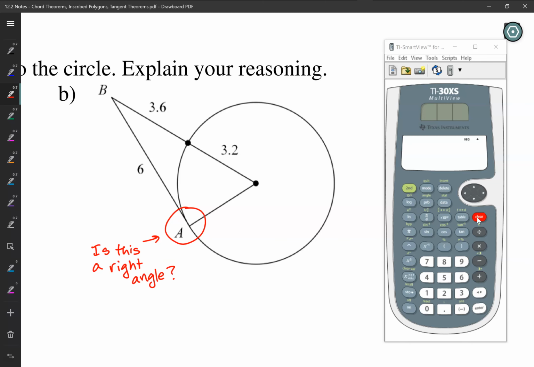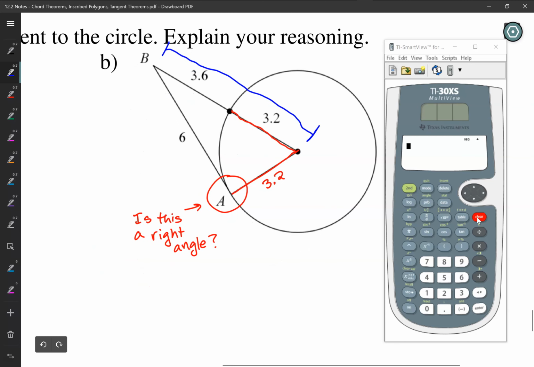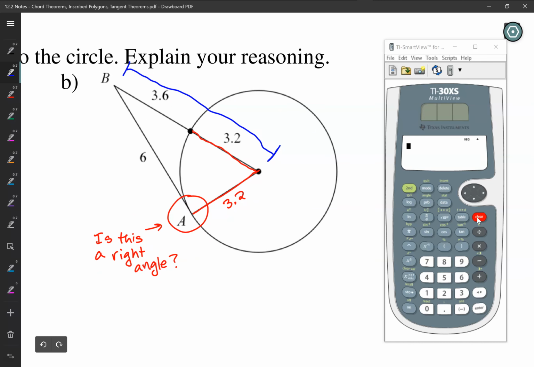Okay, now I have to do a little detective work because they haven't given me all the sides of the triangle. The radius is 3.2, and here's another radius. Now the whole side of this triangle, 3.6 plus 3.2, is 6.8.